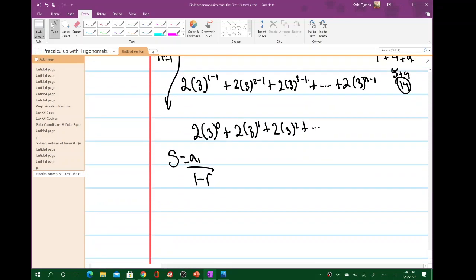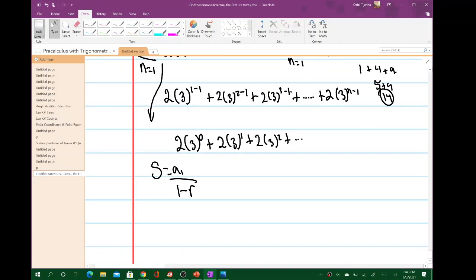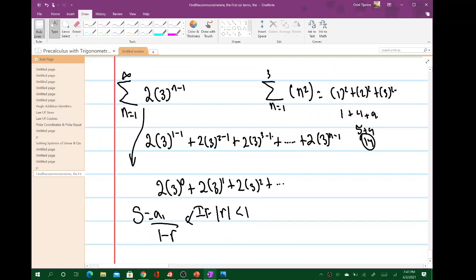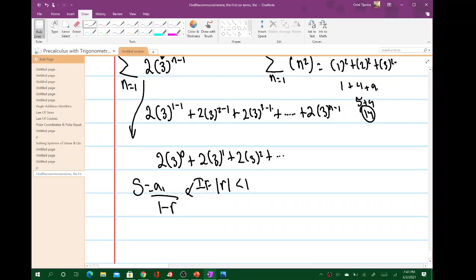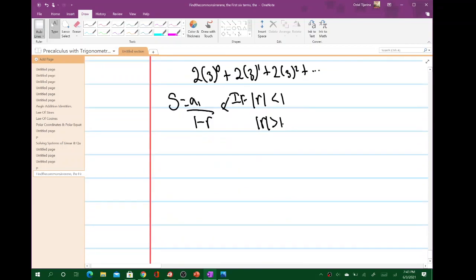So this sum, we don't even have to do this, because this is only if the absolute value of r is less than 1. But here, r equals 3. So the absolute value of r is greater than 1. So therefore, this sum diverges. Okay?